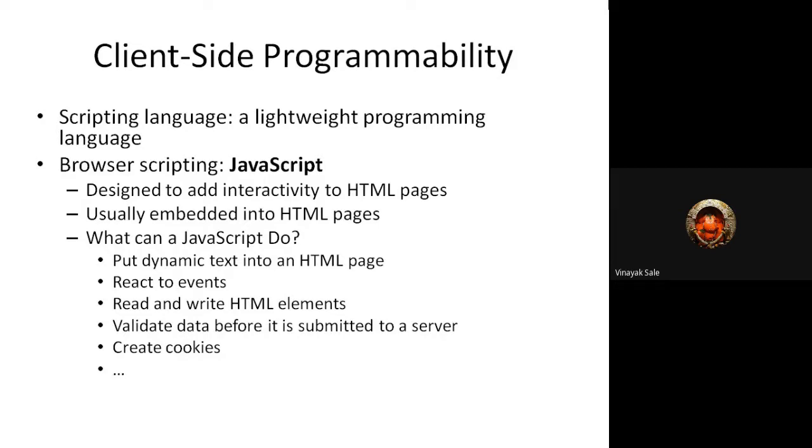What can JavaScript do? Put dynamic text into an HTML page, react to events, read and write HTML elements, validate data before it is submitted to a server, and create cookies. These are the properties of JavaScript.